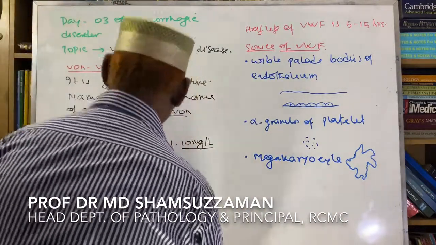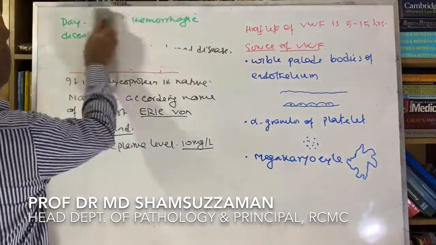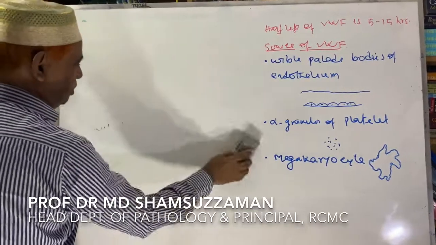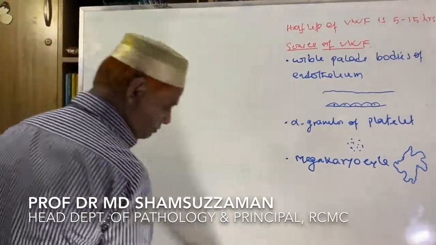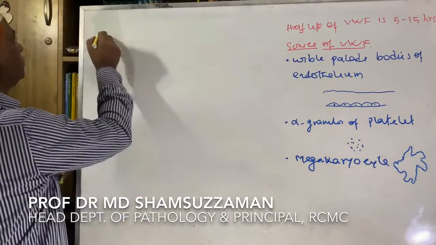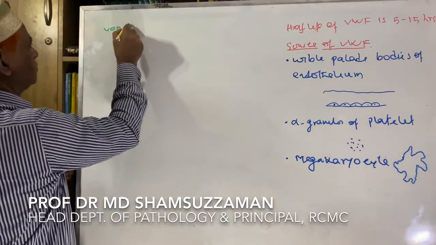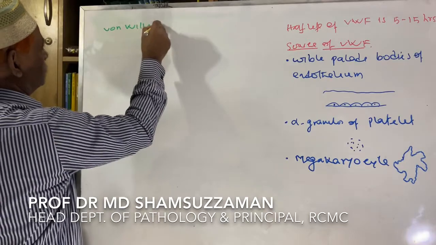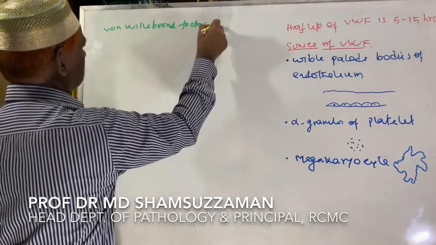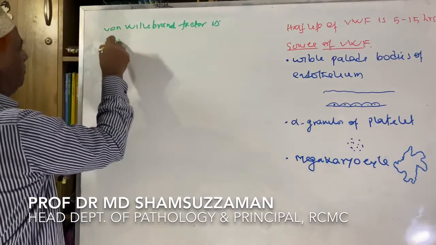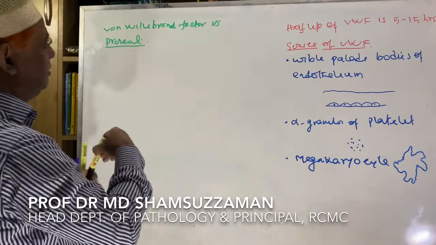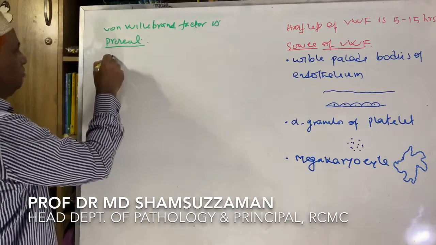After synthesis or secretion of von Willebrand factor, where can we get it? It is present in plasma.